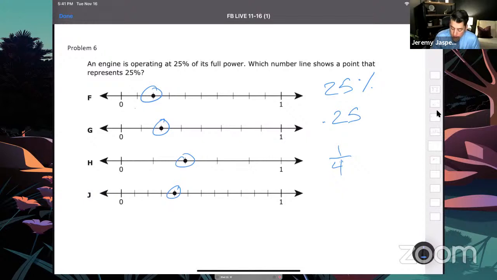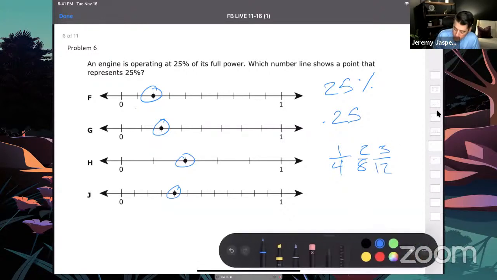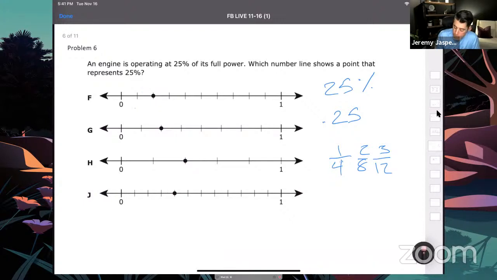That means we'll have an even number, because it'll be some equivalent or some multiple of 4. So 1/4 is the same as 2/8, right? It's also the same as 3/12, and so on. Just keep doubling it, right? So I'm looking for some type of even number that'll break up into 4s.